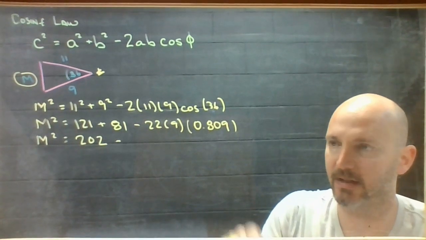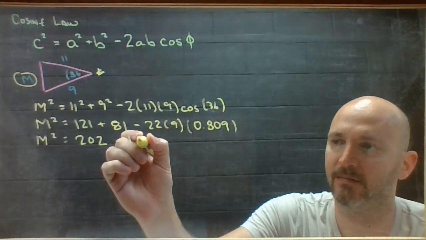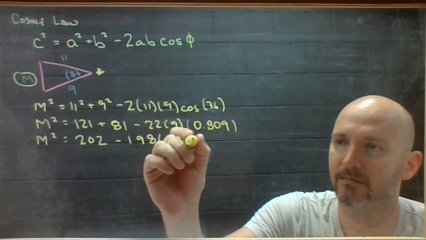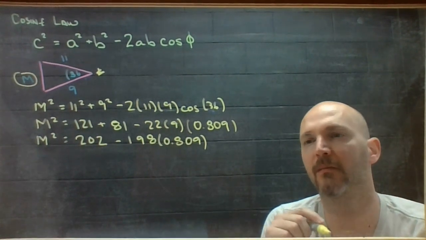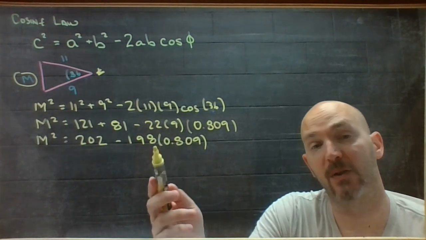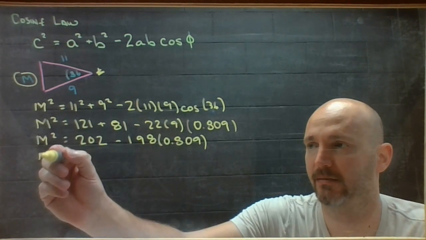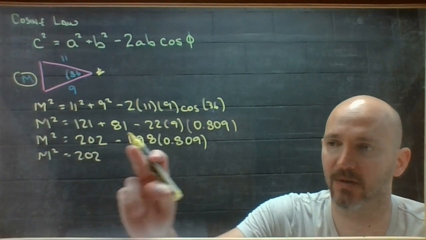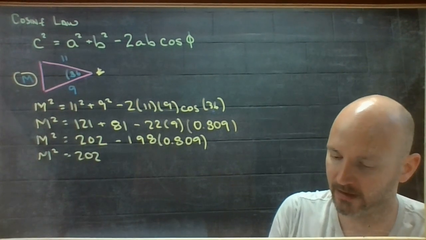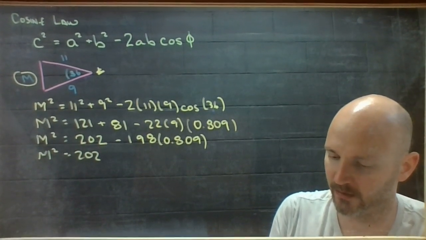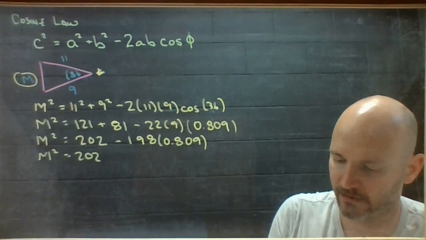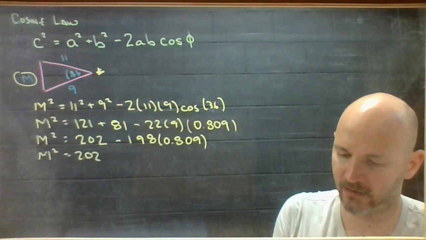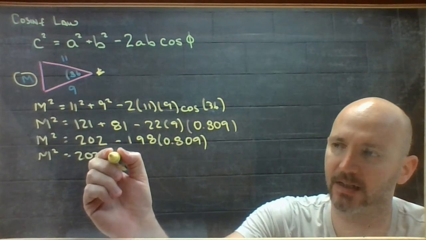Is 198. I'm still going to need to do this multiplication before I can do that subtraction. 198 times 0.809 is 160.182.